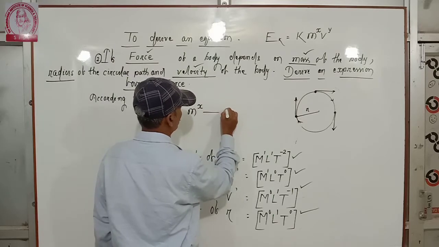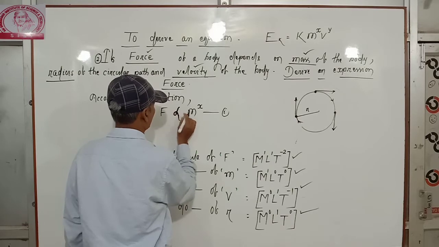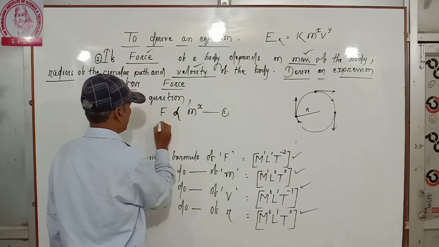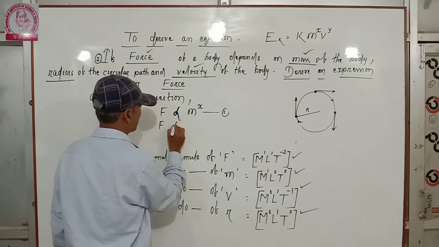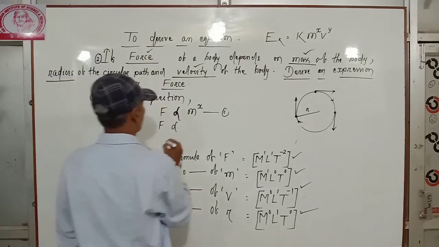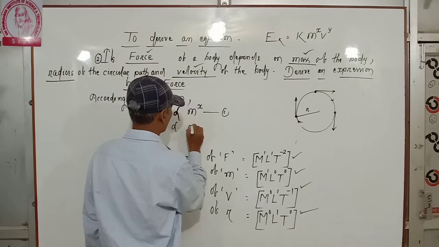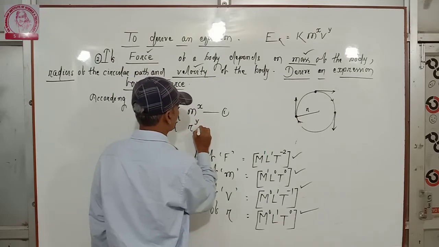Equation I. Similarly, F is proportional to radius, R to the power y.